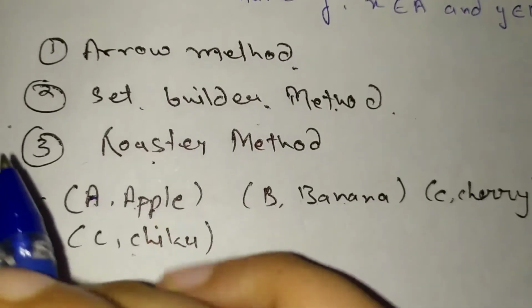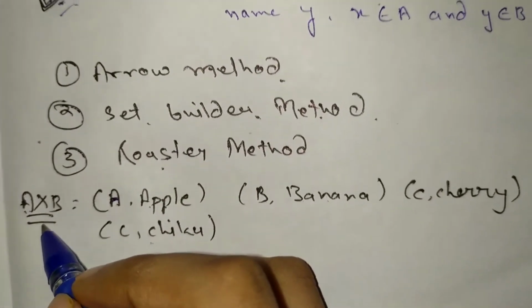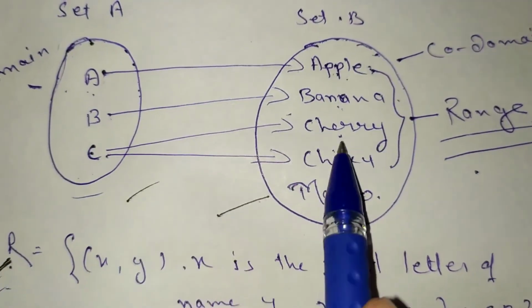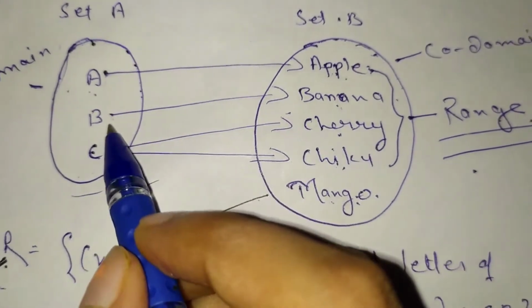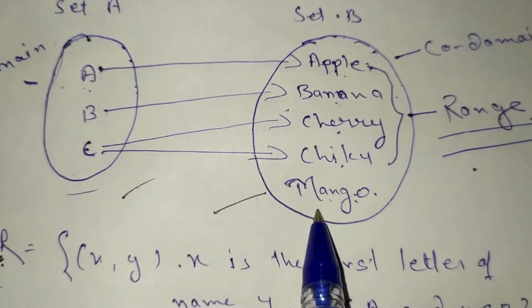As we know, if we write the Cartesian product of A and B, then our product will be a-apple, a-banana, a-cherry, a-chiku, a-mango. Similarly, b-apple, b-banana, b-cherry, b-chiku, b-mango.